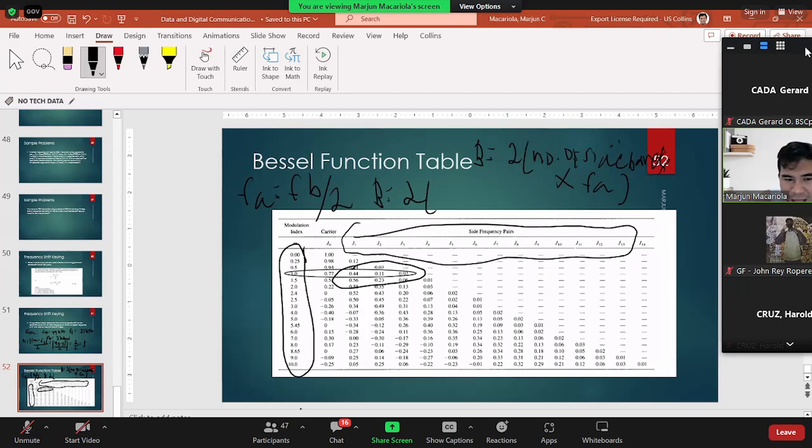Okay, number of sidebands kasi daw ang H natin ay 1. So bibilang tayo 1, 2, 3. Hindi mo isasama yung J0. J sub 0, that is your carrier signal. Okay? So 3 times anong FA? So FB ang given po natin ay 2 over 2. So basically, this is cancelled. So bandwidth is equal to 2 times 3, which is equal to 6 kilohertz.